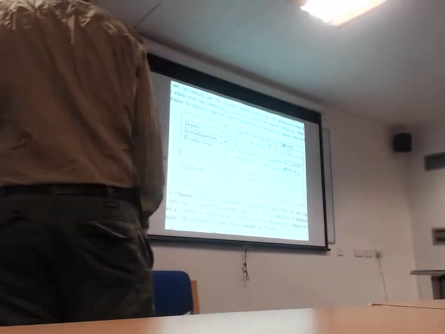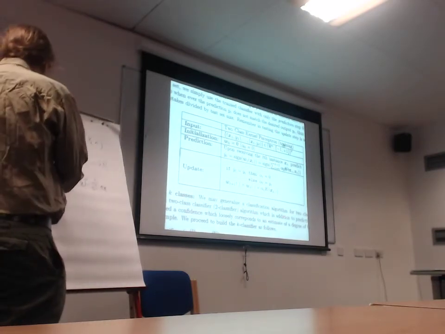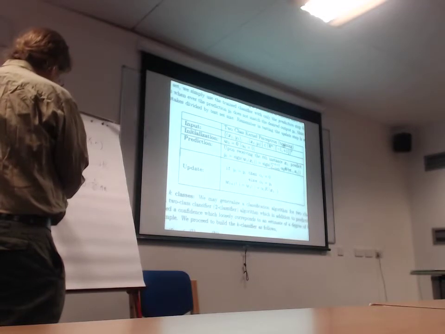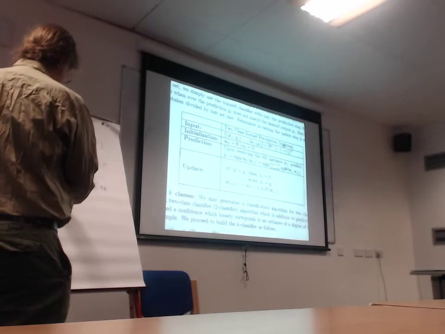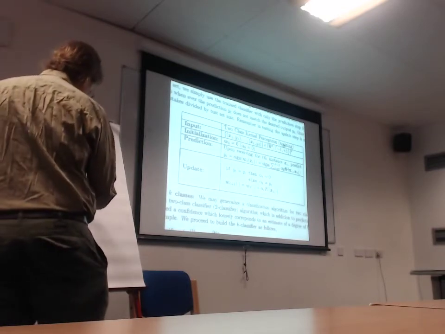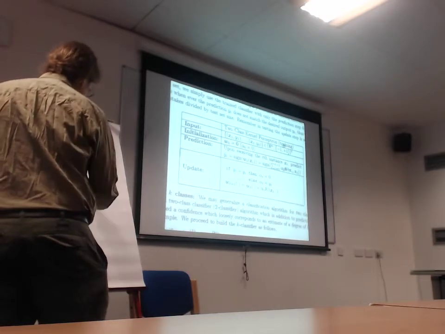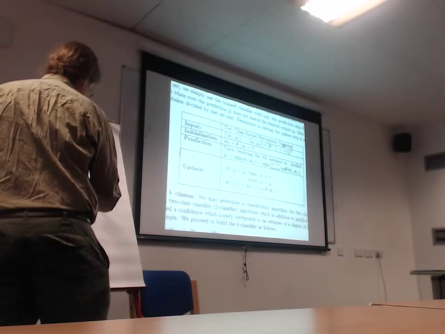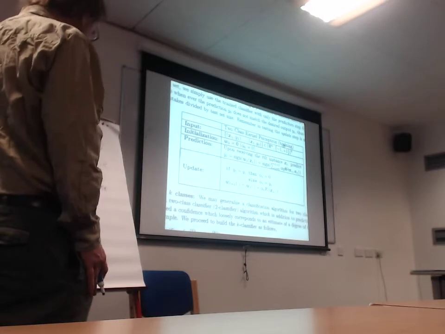Another kernel which you can choose to use for this exercise, as one of the extensions, is the Gaussian kernel, where K_c of p and q is equal to e to the minus c times the distance between p and q, squared.